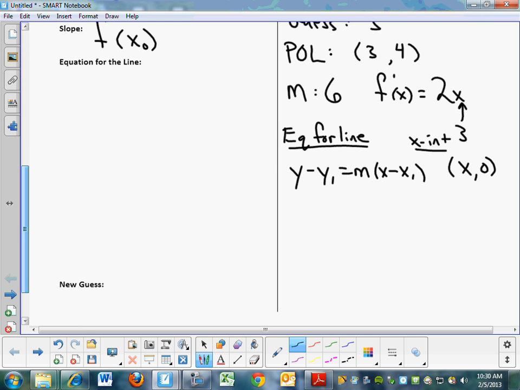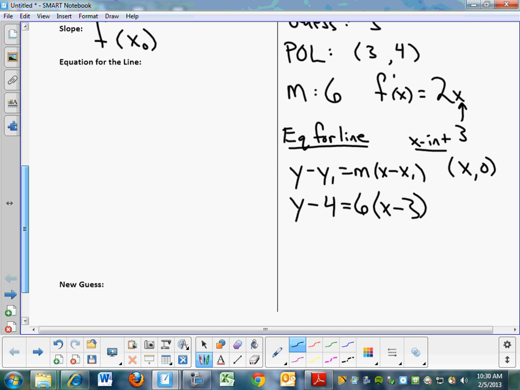All right. So I'm going to plug it in. Okay? We have y minus, I'm going to use my y1 value, being my point on a line, which is 4, equals, m is 6, times x minus 3.